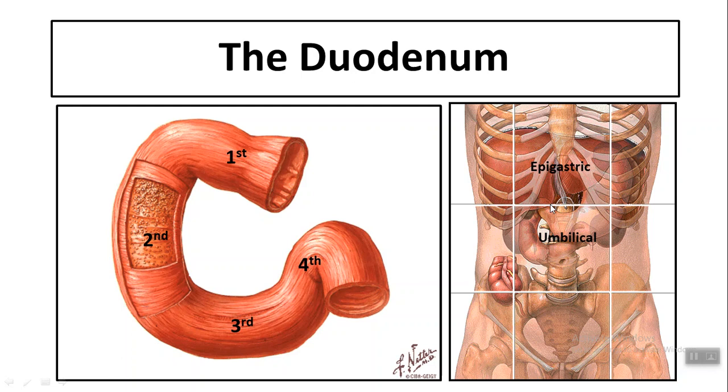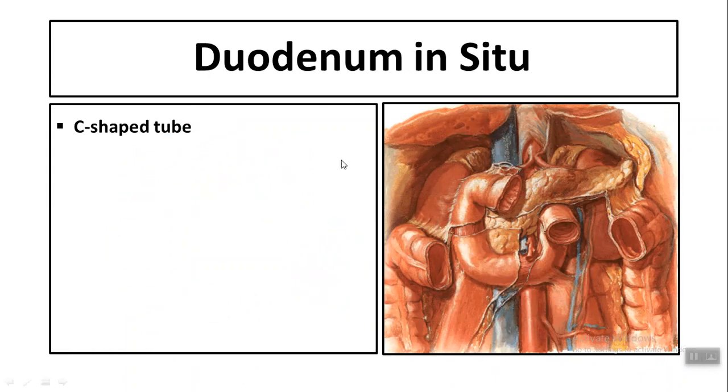It continues from the pylorus of the stomach to the duodenojejunal junction, so it acts as a connection between the stomach and the jejunum. It is a C-shaped tube, retroperitoneal except its first inch, that is tethered to the posterior abdominal wall by the peritoneum.